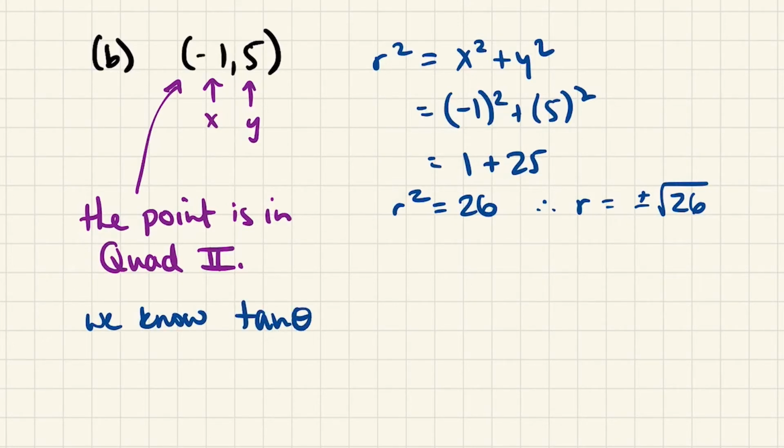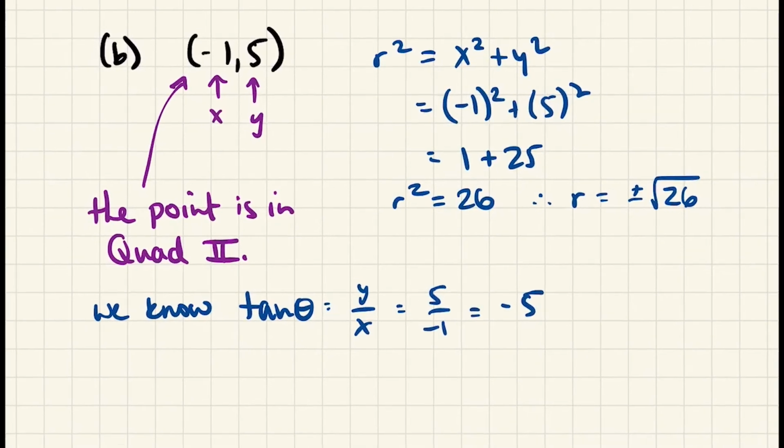We know that tangent of theta is y over x, which would be 5 over -1 or -5. Well, -5 is not one of our special ratios for tangent, so we would need to bust out the inverse tangent function to finish this. No problem, because we know trigonometry.